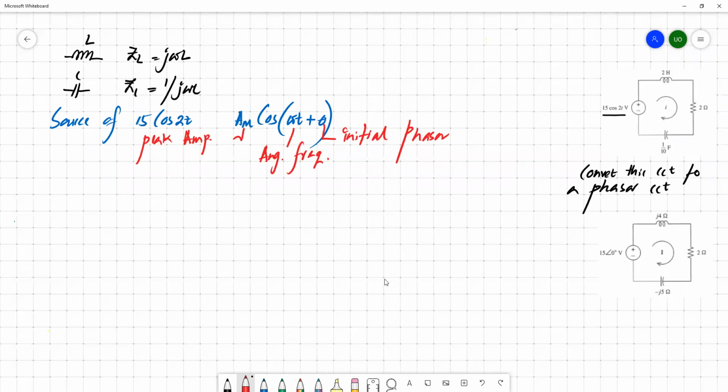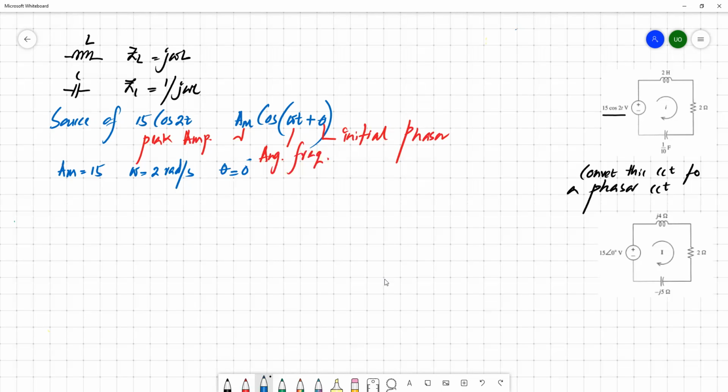So by looking at this, we can simply claim that the peak amplitude AM equals 15, omega equals 2 radians per second, and theta, the initial phase angle, is 0 degrees.